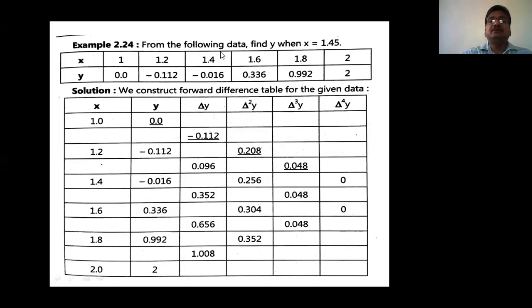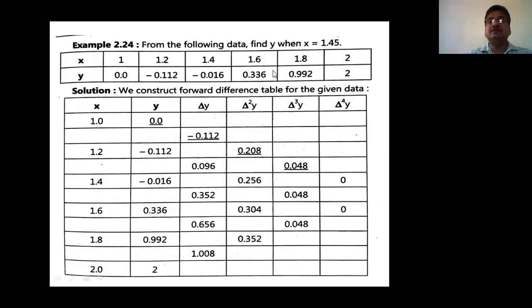So here the problem is to be solved by using Newton's forward interpolation formula. We have to prepare the forward difference table, because we have to apply Newton's forward difference interpolation formula, and we have to find the value at 145. Finding the value at 145 using this table is called interpolation.